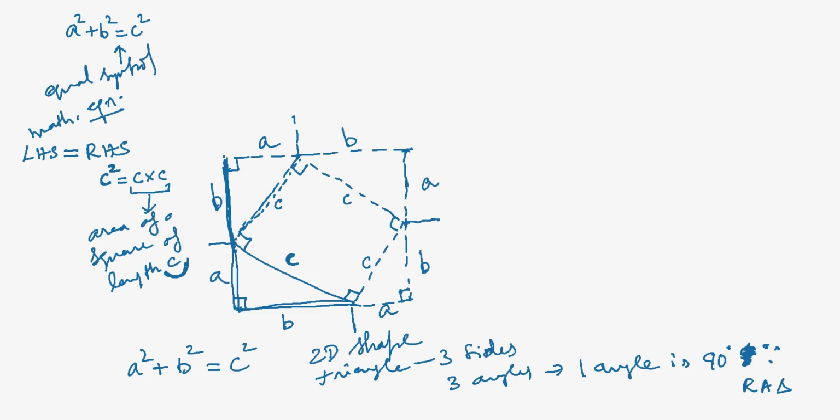So we started with one right angle triangle, then we came out with a second one, a third one, and a fourth one, because we try to understand the given Pythagoras theorem which we are trying to prove. Then the C made us extend the hypotenuse to become a square because of the C square.